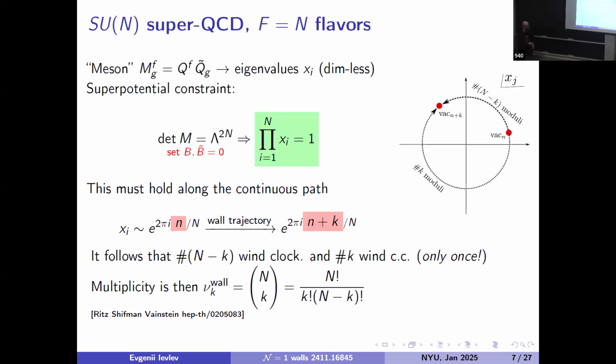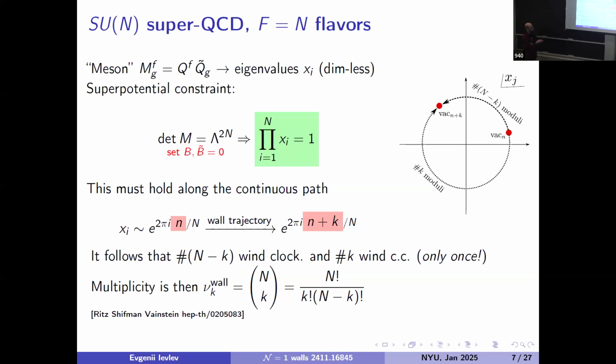So here in this slide, I'm just giving some quick words on generalization of that picture to an arbitrary number of colors and flavors. In that case, you have actually multiple vacua. You don't have just two vacua, you have n vacua of your theory.